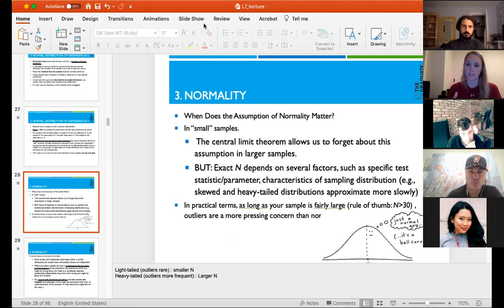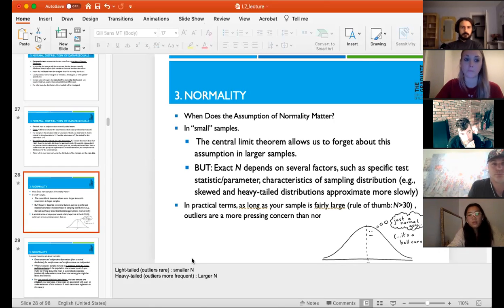This is where a lot of students get confused, because you can have 30 data points and they're not normally distributed. Reaction time is a great example of this. You can have 30 different reaction times and they probably won't be normally distributed, because that's the nature of reaction times. This rule of 30 is based on central limit theorem and the sampling distribution, this hypothetical distribution that we're estimating.